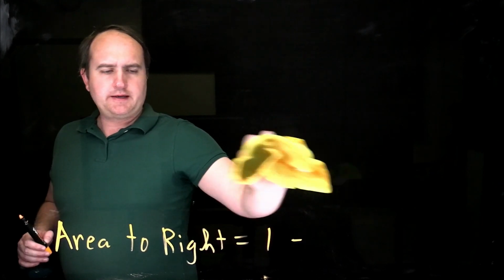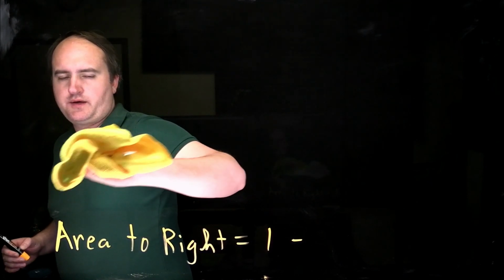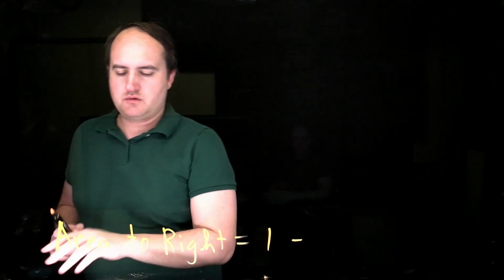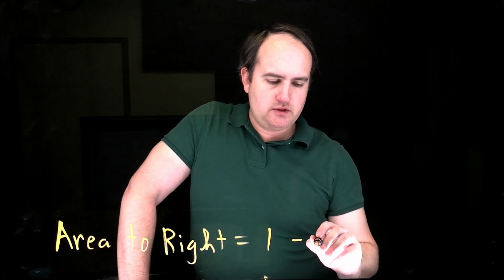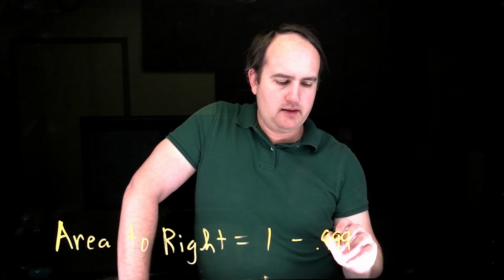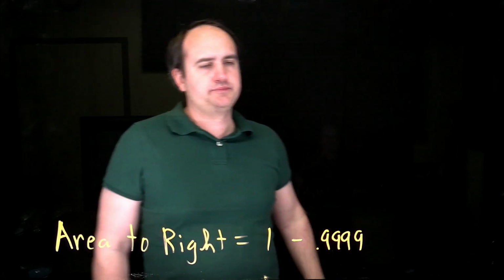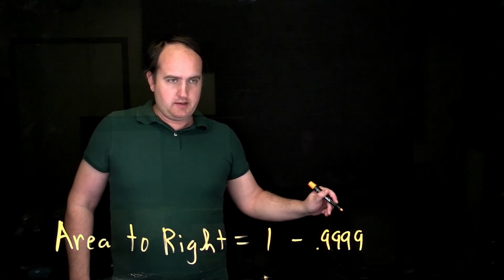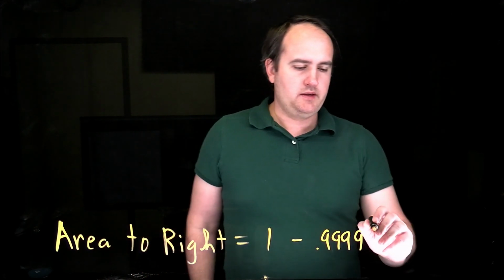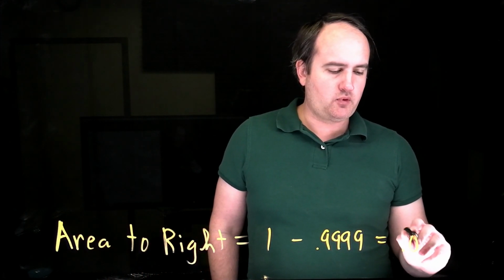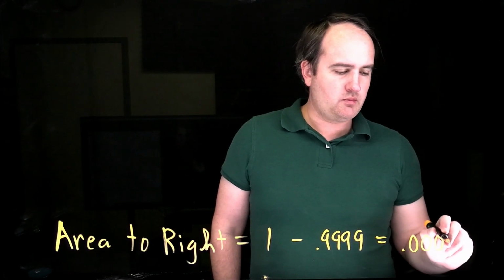The area to the right is 1 minus the area in table A2, and we just found that the area in table A2 that we're supposed to use for large z-scores is just 0.9999. But 1 minus 0.9999 gives us the area to the right, which we're approximating as 0.0001.